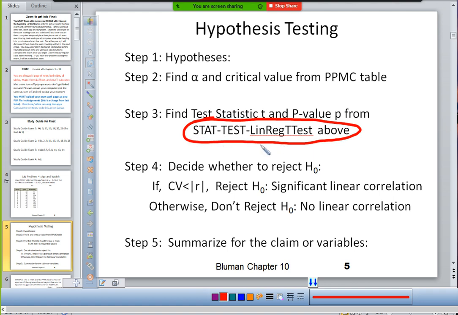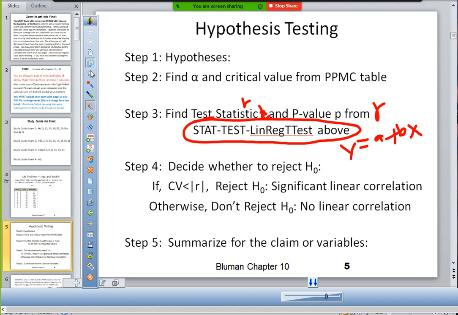That will give you your R, which is your test statistic. Test statistic is R. It will give you your y equals a plus bx. It'll tell you what a and b are. It'll give you a p-value if you want to look at a p-value. So it gives you all sorts of great information like that.